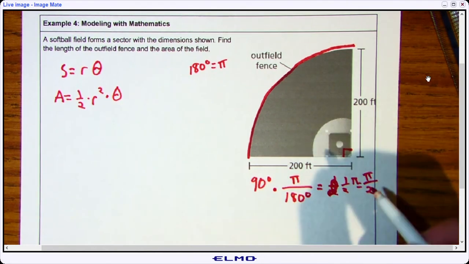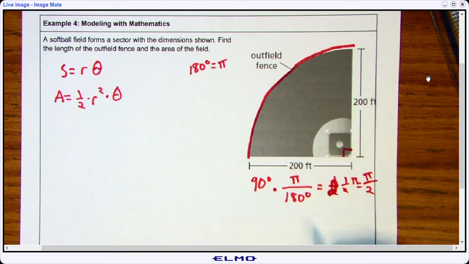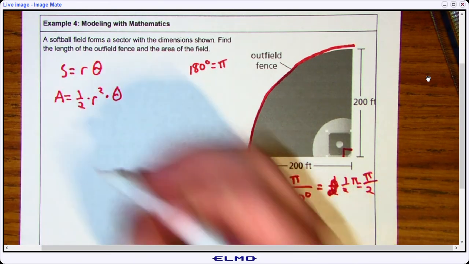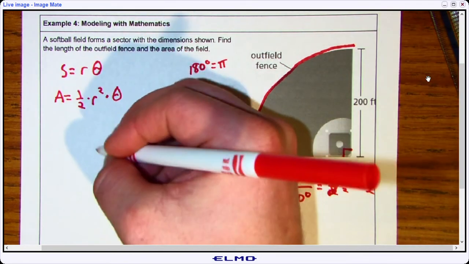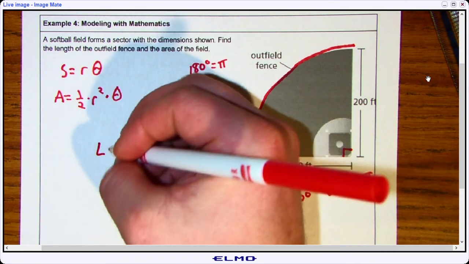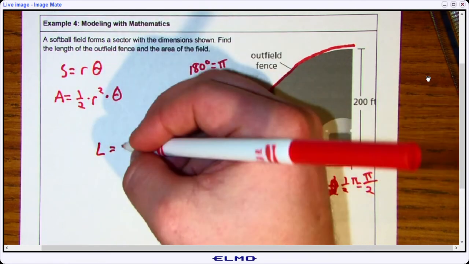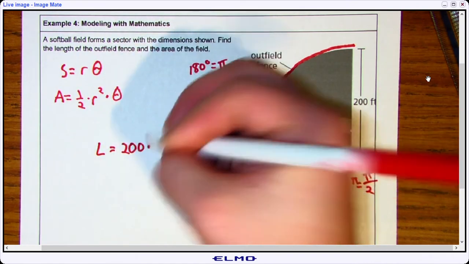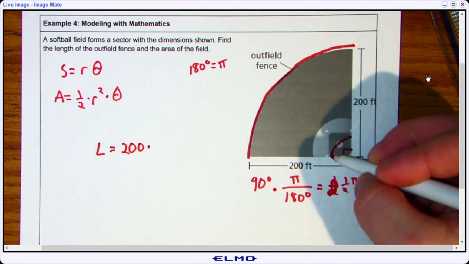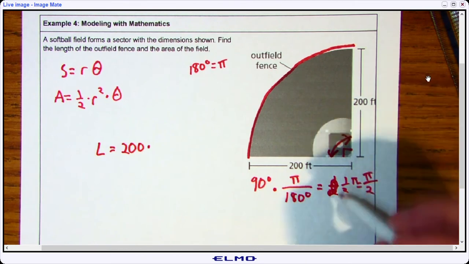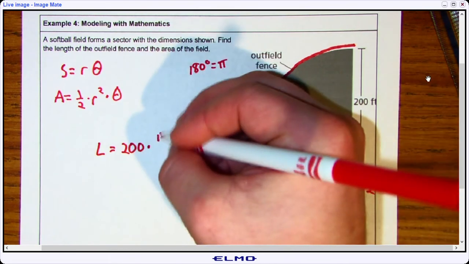So now that we have that, we can use these formulas. Our radius, in this case, is going to be 200 feet. So I'm going to solve first for the length of that outfield fence. Length of fence is going to be equal to our radius, 200 feet, times our degree measure, that's this, in radian, which was pi over 2.